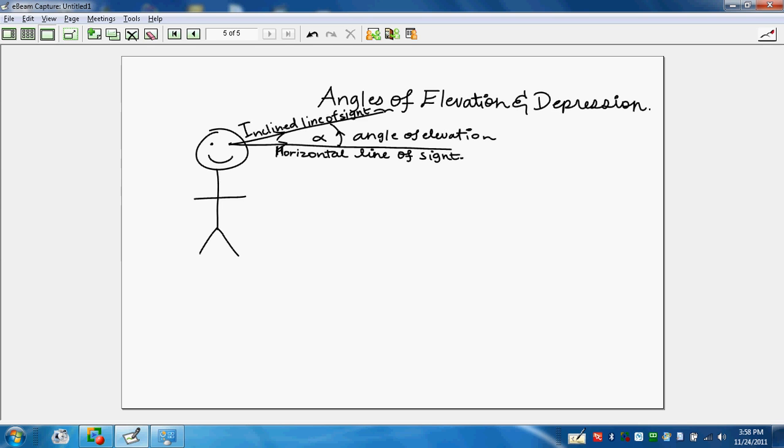Okay, so that first note covered the angle of elevation. This note will cover what is the angle of depression. And it goes like this.